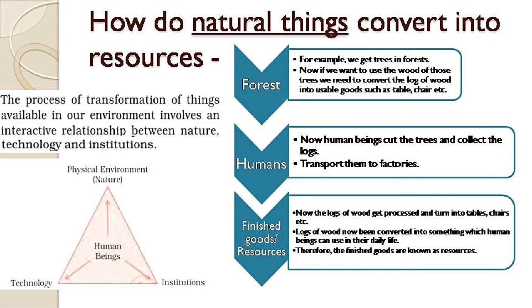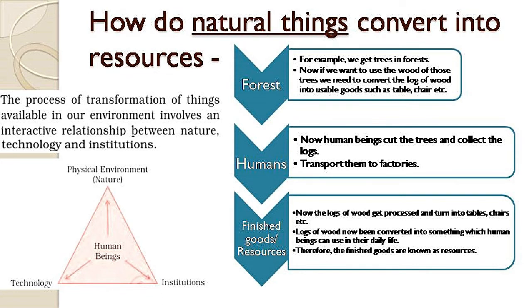Now in factories, all these logs of wood get processed and finally they get turned into different kinds of furniture. For example, chair, table, etc. Now we see that we can use a chair for sitting, we can use a table for keeping our books, etc. So therefore we can now call this chair and the table a resource.